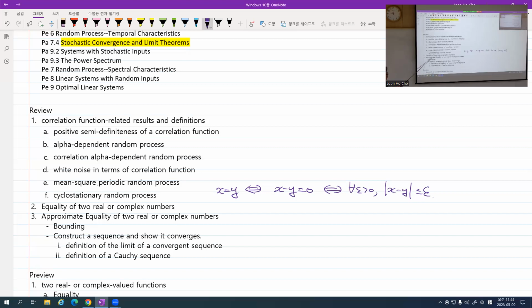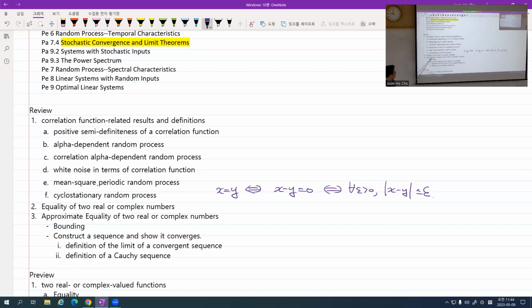For the approximate equality of two real or complex numbers, the first thing you'd better remember is the bounding technique, even though I haven't covered it and will not cover it in this course. But bounding is very important. However, in this course, we will learn the second method, where we construct a sequence of real numbers and show that it converges.